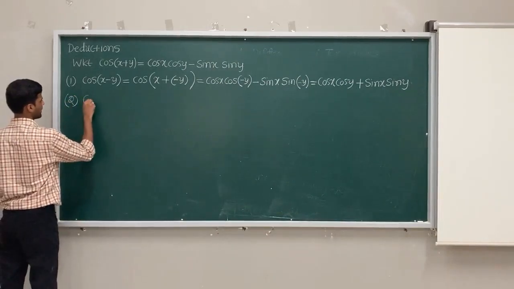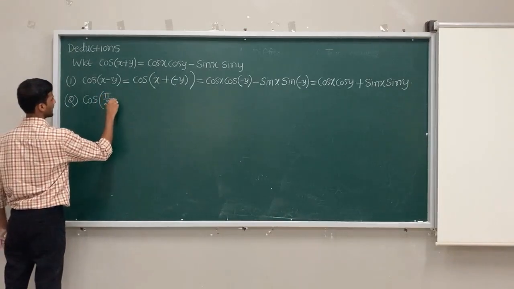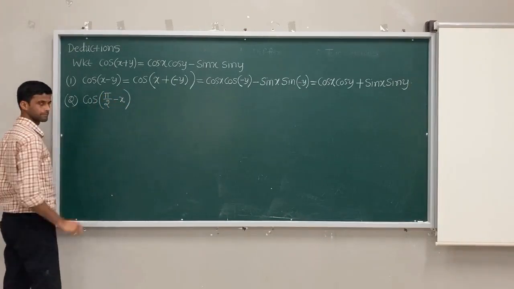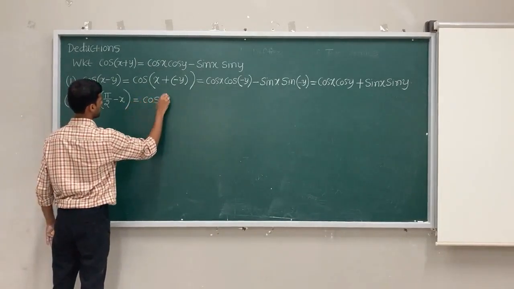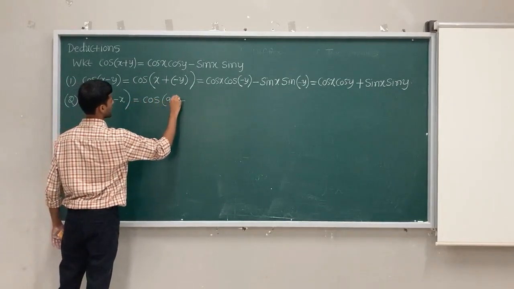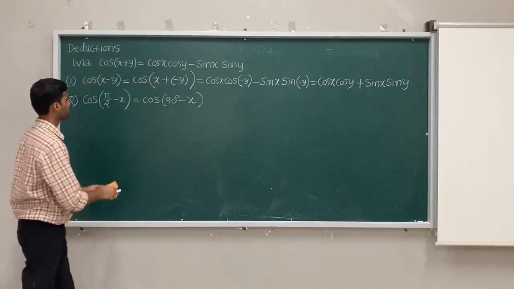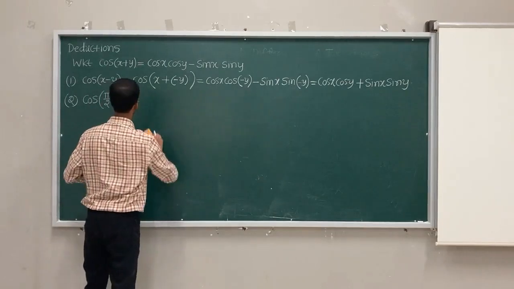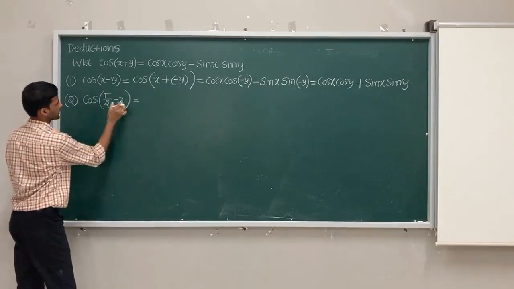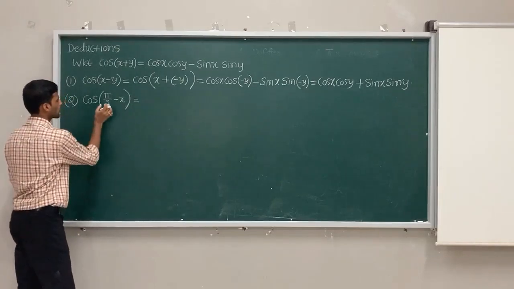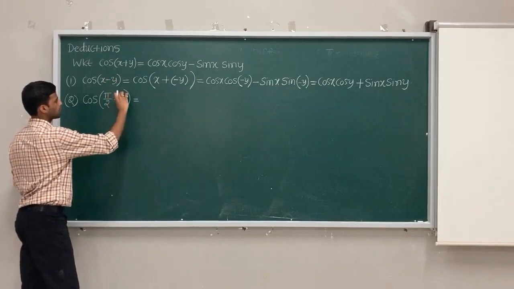Now, second, what is the answer for cos of pi by 2 minus x? Or you may ask, what is cos of 90 degree minus x? Okay, how to prove this? See, we know that it looks like cos of x minus y.